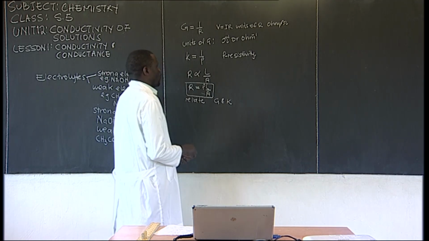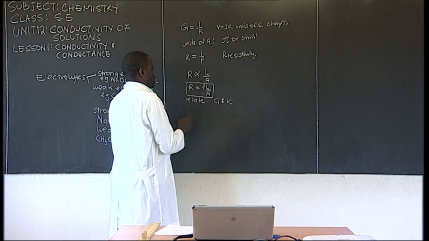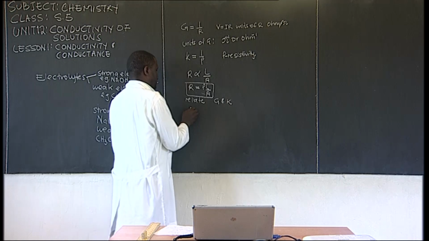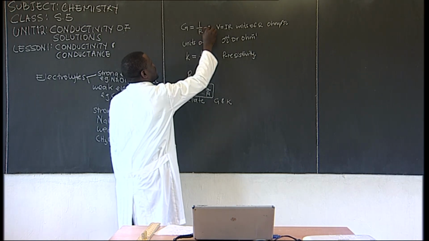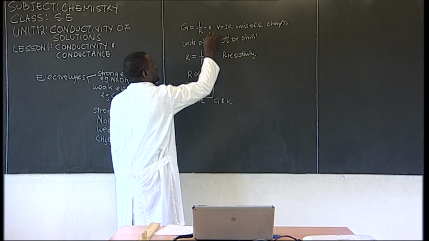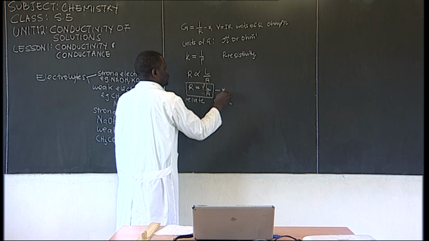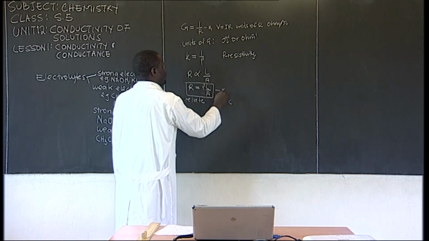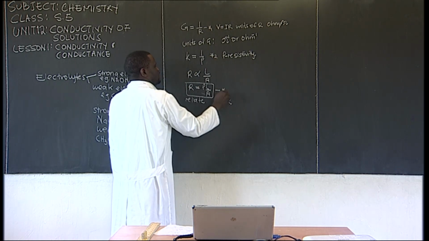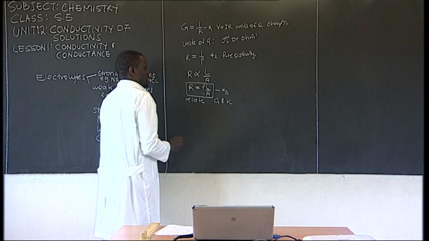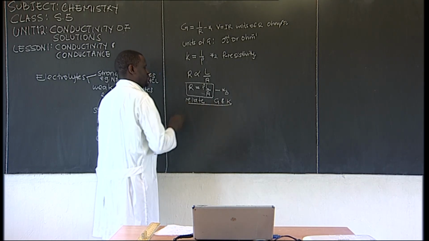So you'll observe that from what we have written here, let's say this one is our star 1, and this one is our star 2. Let's call this one star 2, and this one will become star 3. So we want to derive the relationship between these two.